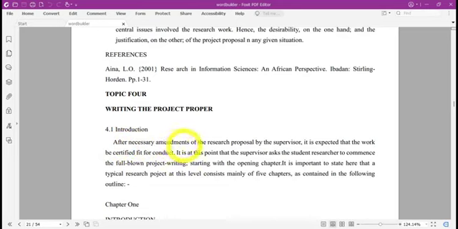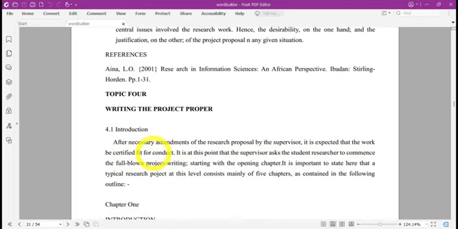After necessary amendments of the research proposal by the supervisor, remember you have to send your proposal to your supervisor. He looks at it, makes the corrections he needs to make, and then confirms it's okay. It is expected that the work be certified fit for conduct.